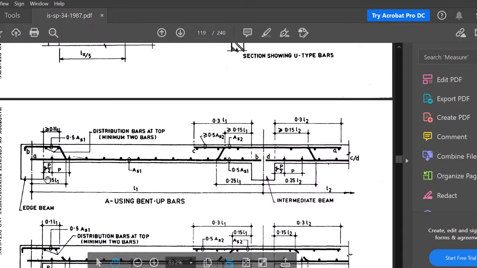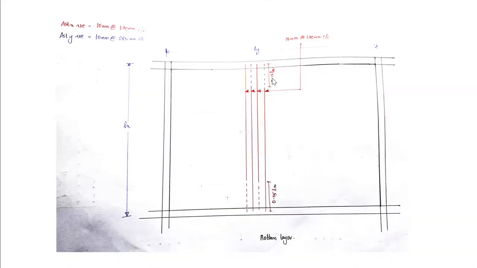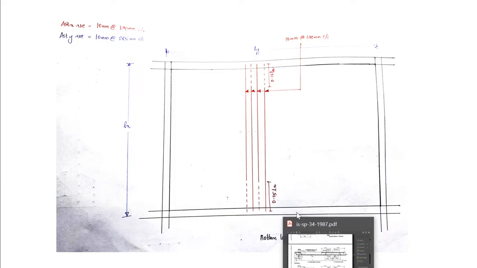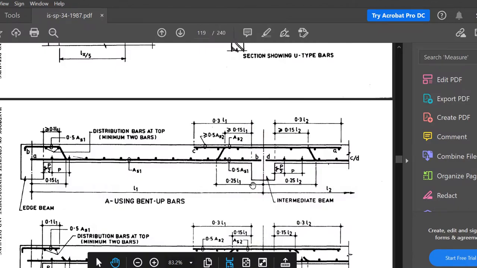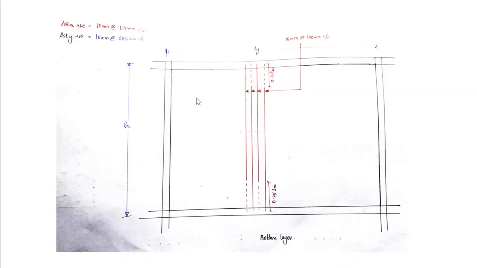The first one is bent up at a distance of 0.15 Lx, that is where the bending takes place, and at the continuous edge it takes place at 0.25 L1. So that is how you place your AST X positive. Similarly, at the edge strip you need to place the minimum reinforcement.